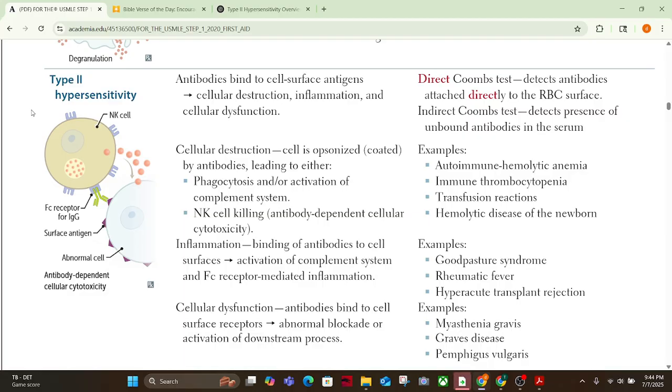So basically, the antigen is attached to the cell and then the antibody will come to completely cover that antigen.